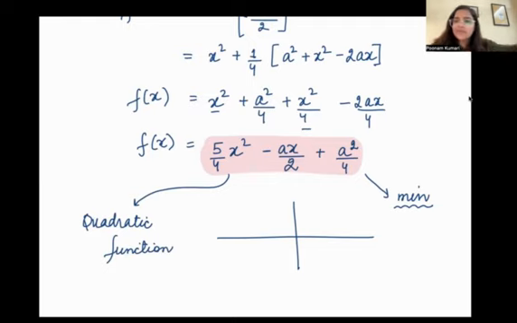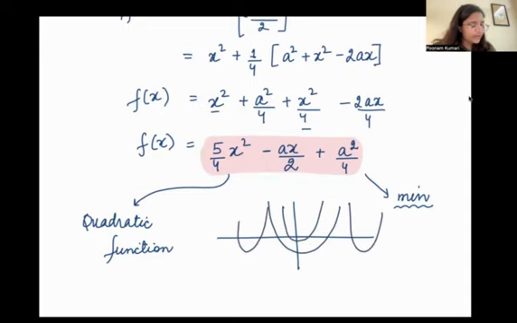So it will be some sort of an upward parabola. It could be something like this, or this, or this, something like this. It will be like this, right?